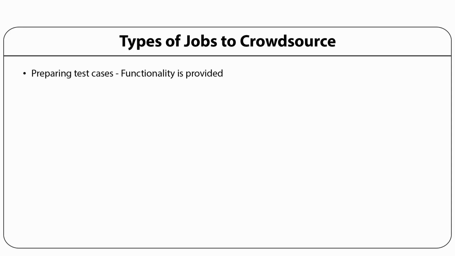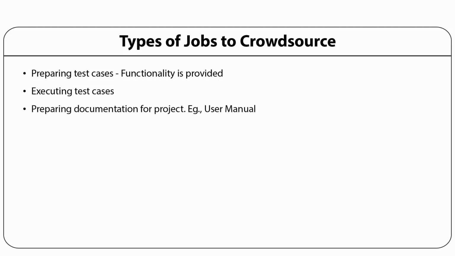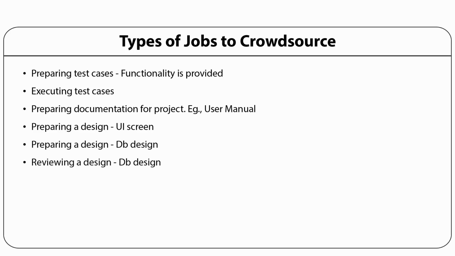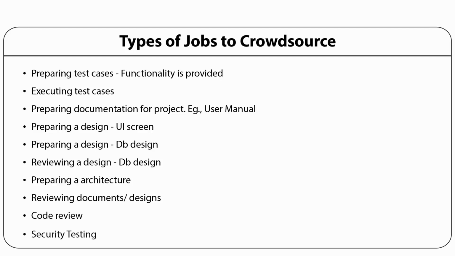Preparing test cases in which the functionality is provided, executing test cases, preparing documentation for a project, for example, user manuals, preparing a design, for example, a user interface screen, preparing a database design, reviewing the design, it can be database or user interface, preparing an architecture, reviewing documents or design, code review, or security testing.